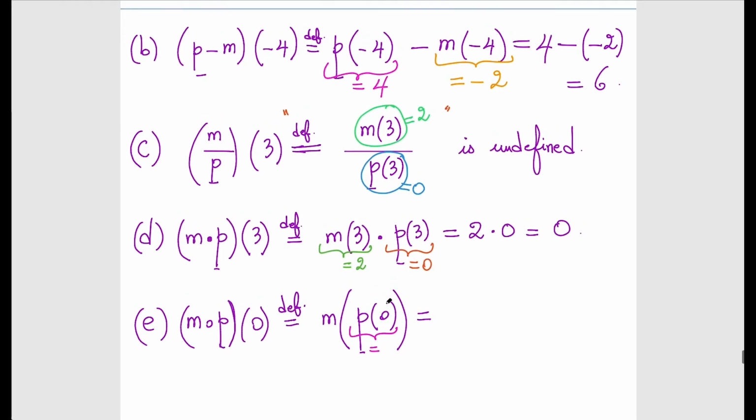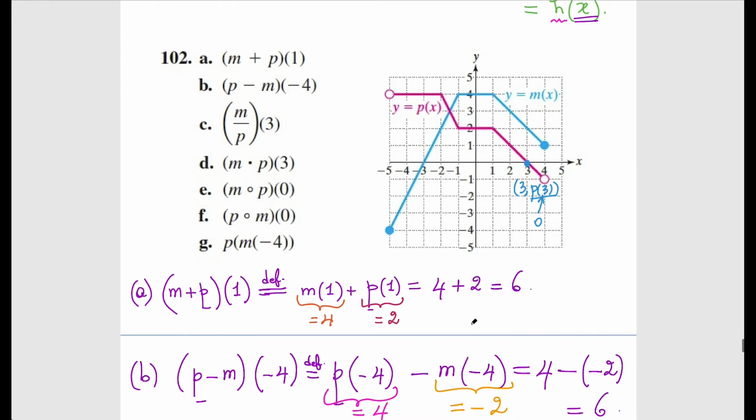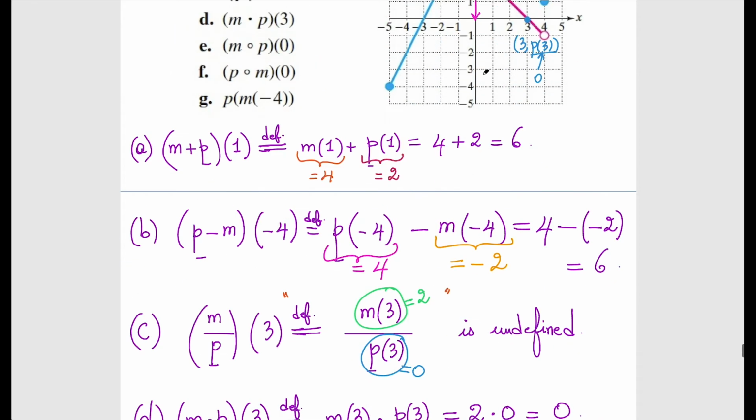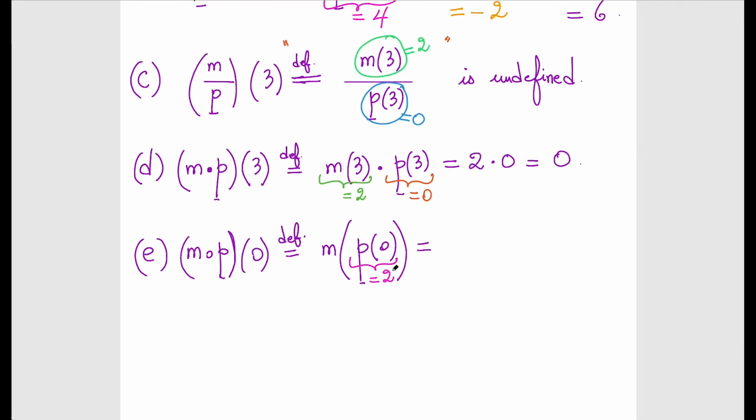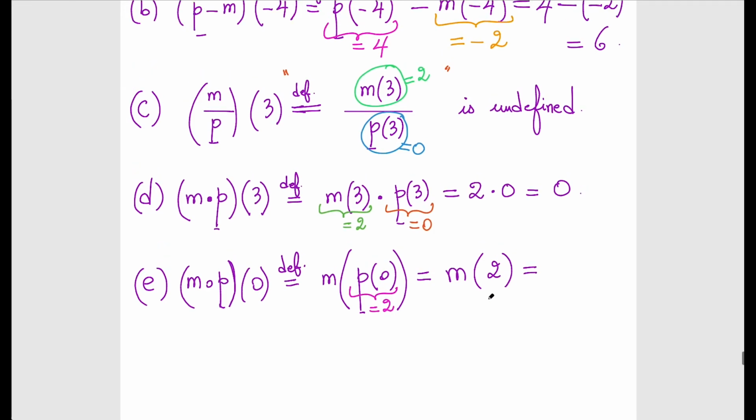So I'm gonna go to the function P and look what value it takes at 0. This is the function P. At 0, it takes this height. This is the point whose coordinates are (0, P of 0), right? And apparently the P of 0, which is the y value of this point, is a 2, right? So it's a 2, and then we obtain M of 2. So now M is going to operate on the output of this function, which is a 2. And M of 2 is how much?